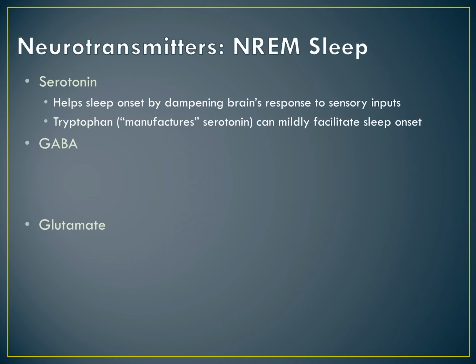Now, tryptophan, which is the manufacturing step to get to serotonin, can help mildly facilitate sleep onset. Tryptophan is found in turkey, and a lot of people say, oh, during Thanksgiving, when I eat an absurd amount of turkey, it has tryptophan in it, and that's what causes me to fall asleep. We've found that, yes, in theory this is possible, but you would have to eat way too much turkey to have the tryptophan impact you the way that we think it does.